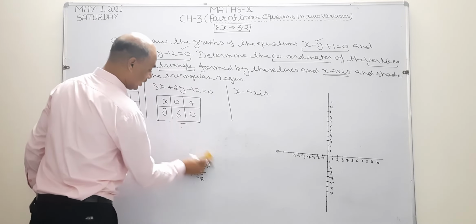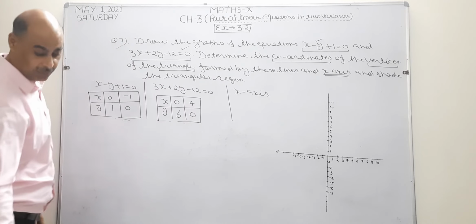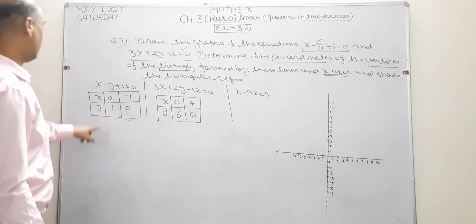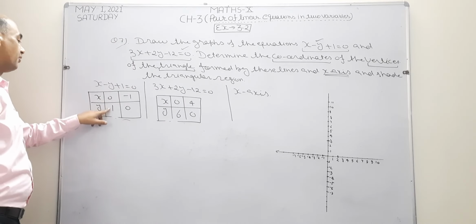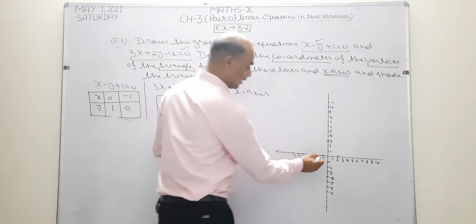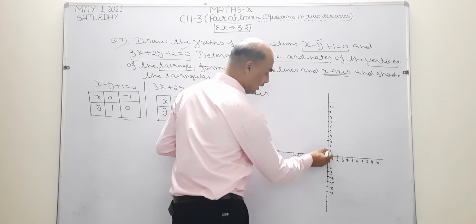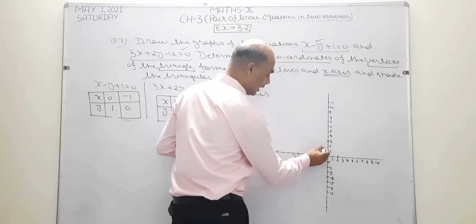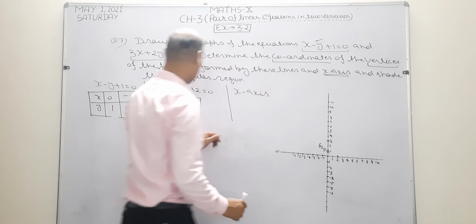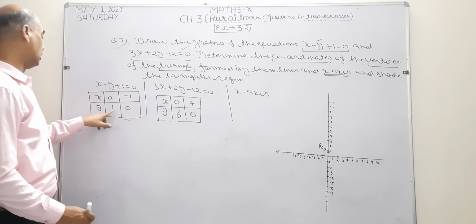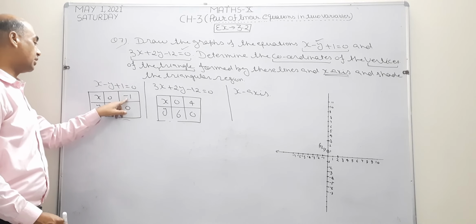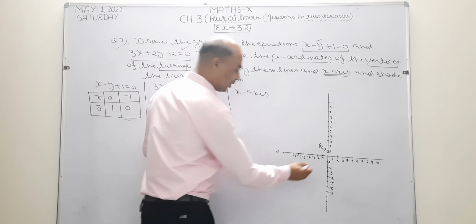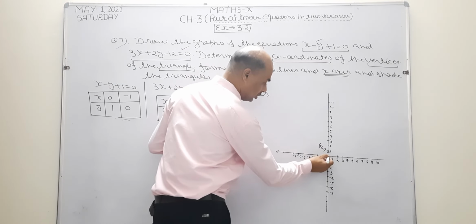Now I want to draw the graph. I am going to draw the graph of the given two lines first. What is the value given? x 0 and y 1. At this point x is 0 and the value of y is 1. So the point becomes 0 and 1. This is the first point of this equation. Now y becomes 0 and x becomes minus 1. At this point y is 0 and x is minus 1.